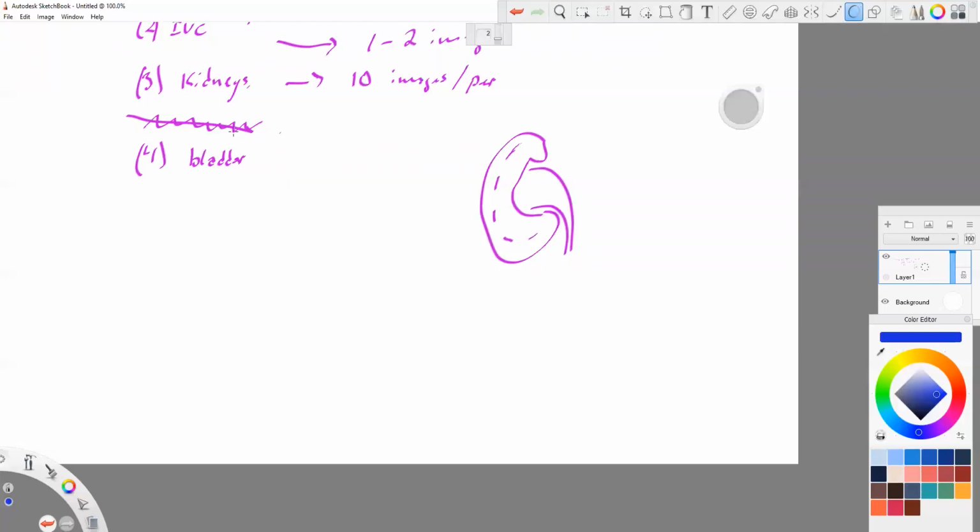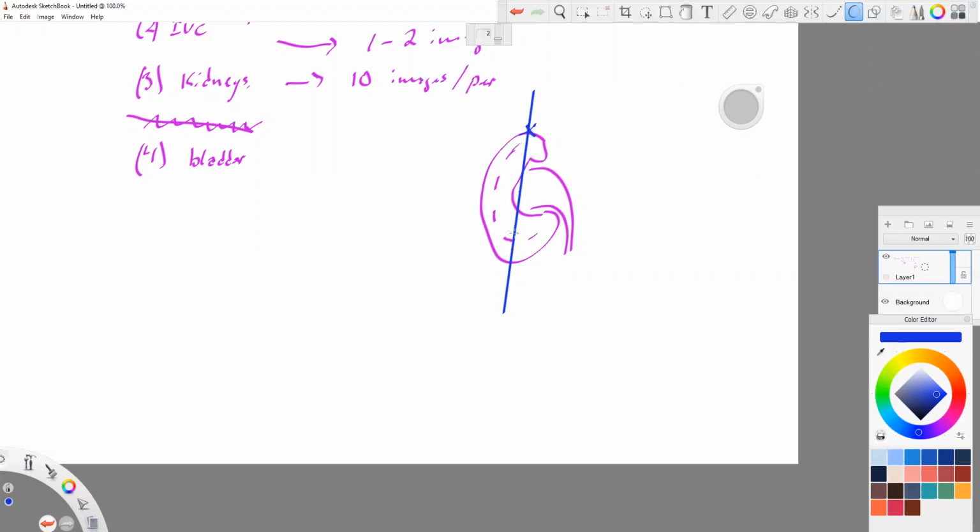So I usually start with a sagittal kidney. Actually, let's start like this. Let's say we do my first image dead center on the kidney, right about like that. If it's dead center and I've got it basically as long as it's going to be, let's put a caliper here.